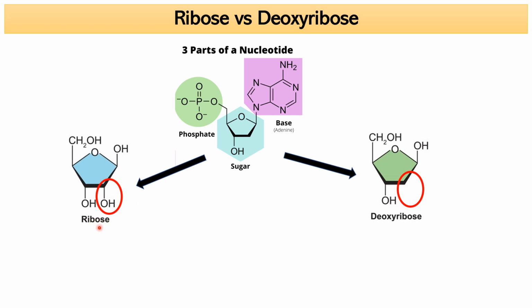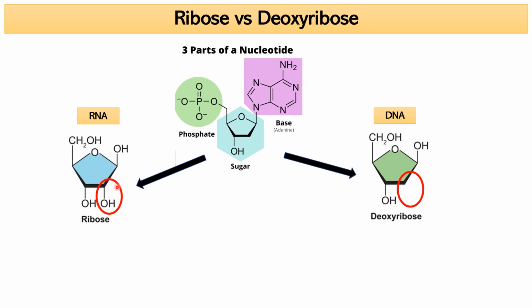The ribose sugar has an extra hydroxyl group, however the deoxyribose sugar has a missing hydroxyl group. So how does having this extra hydroxyl group make ribose sugar different to deoxyribose? The first thing is that this ribose sugar is found in the RNA, and this deoxyribose sugar is found in the DNA.